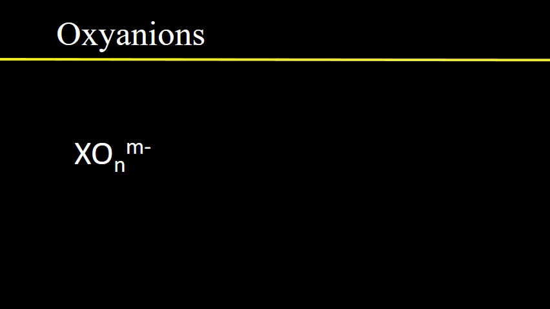All right, and then we'll look at oxyanions. Oxyanions are also polyatomic, so they're essentially just a subgroup of the polyatomic anions that we're looking at. But these are ones that all have the same formula. There's some element here, a nonmetal like nitrogen, sulfur, phosphorus, something like that, and then some number of oxygens and a negative charge.